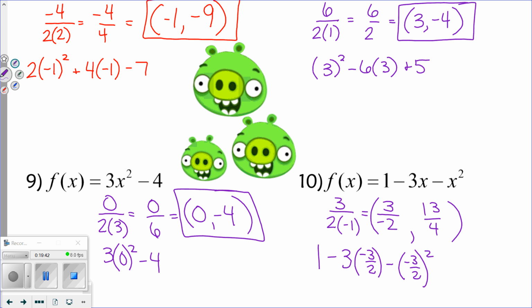All right. Now, real quick, though, I want to kind of talk. Typically, in this class, we leave things improper. But if you are graphing and you're plotting a point, do you know where negative 3/2 is? My guess is probably not. What is 3 divided by negative 2? Negative 1.5. Do you know where negative 1.5 is? Yeah. What about 13/4?